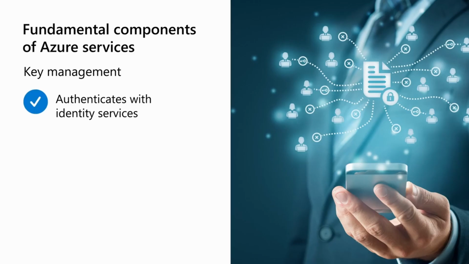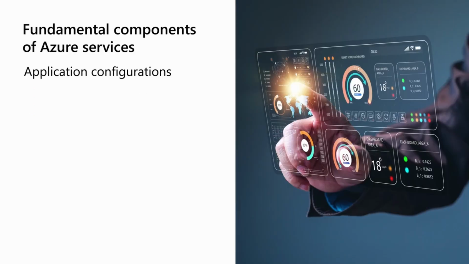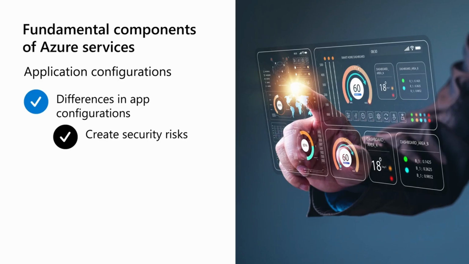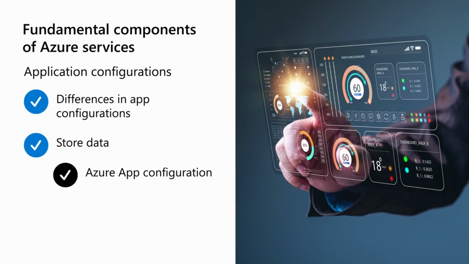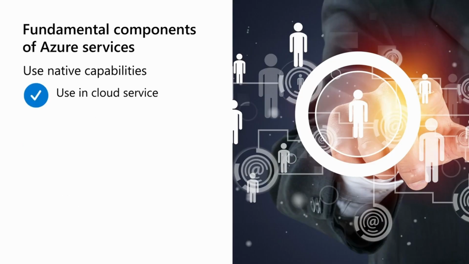It always authenticates with identity services rather than handling a cryptographic key. Also, application configurations tell that varying application configurations can create security risks. You can store application configuration information within the application in Azure App Configuration or Azure Key Vault. The next is to use native capabilities.